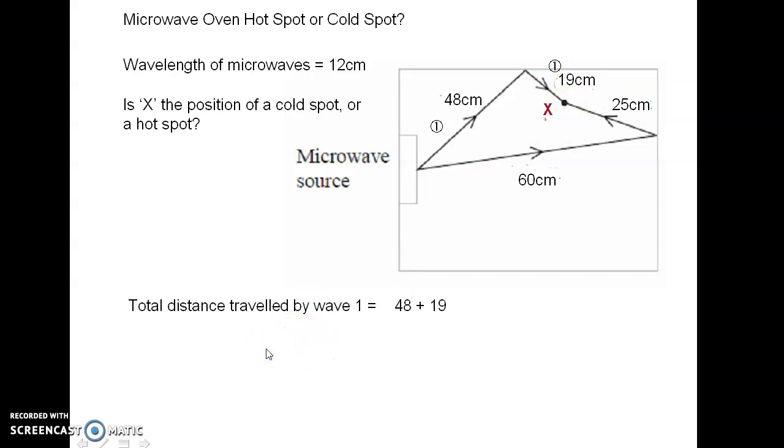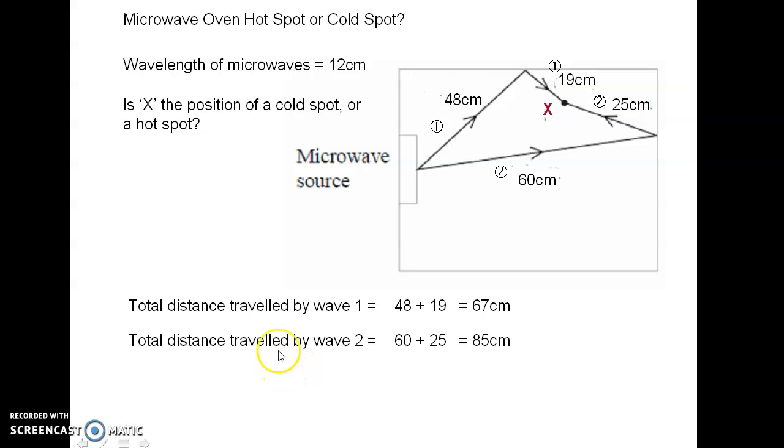Okay, so wave 1 will travel 48 plus 19 centimeters, a total of 67 centimeters. Wave 2 will travel 60 plus 25 centimeters before it meets with wave 1. The path difference is simply the difference between the two distances, and we see that is 18 centimeters.